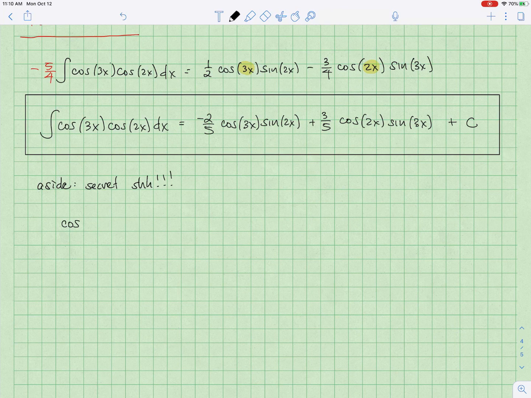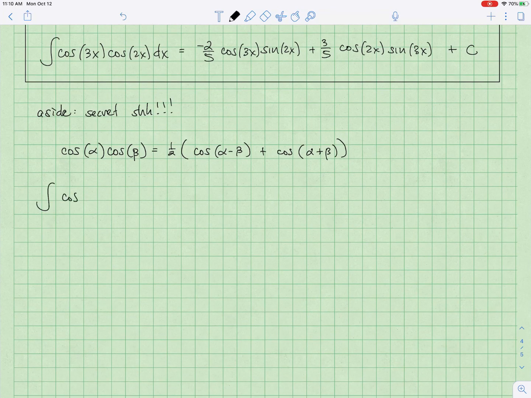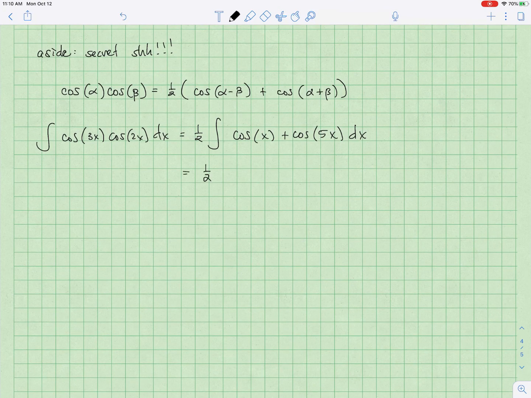Did you know that the cosine of alpha times the cosine of beta is equal to 1/2 the cosine of alpha minus beta plus the cosine of alpha plus beta, which means that the integral of cosine 3x cosine 2x dx is 1/2 the integral of the cosine of 3x minus 2x, which is just x, plus the cosine of 3x plus 2x, which is 5x. And because that's a sum, it's just a super easy integral.